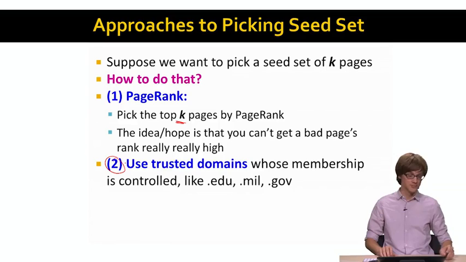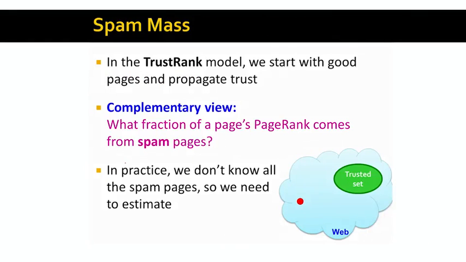What is also interesting now is that we can take our initial idea of identifying web spam and extend it a bit. We will extend it by creating this notion of spam mass, right? So the idea is the following. We will use the TrustRank as a model and start with a set of good trusted pages and propagate the trust. But now we will flip our reasoning and use two complementary views.